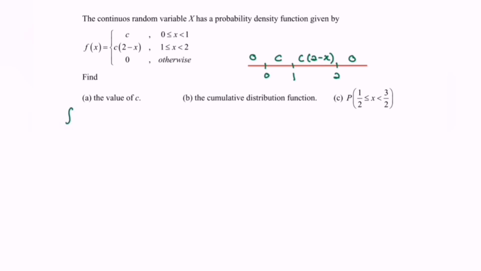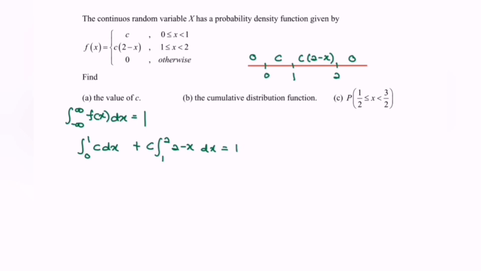As we all know, integrating from negative infinity until infinity the function f(x) with respect to x gives 1. So kindly refer to the number line, where we integrate from 0 to 1 the function c with respect to x, plus the integral from 1 to 2 of the function 2 minus x with respect to x multiplied with c, equal to 1.